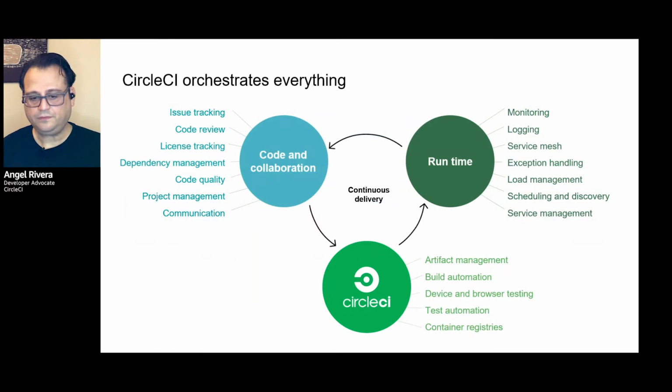So again, CircleCI orchestrates everything. You can see in this diagram you have continuous delivery set smack dab in the middle, but CircleCI is that automation platform that helps you coordinate and orchestrate all of the elements within your software development processes.